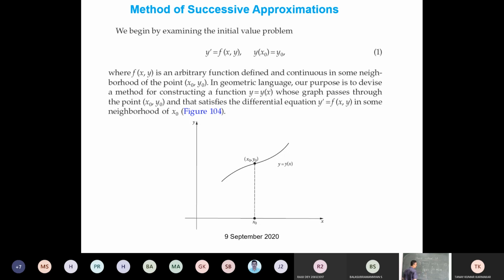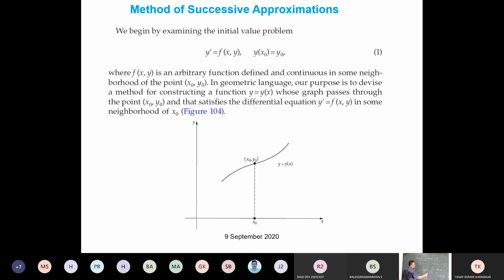Now if you integrate it, this is going to simply give you y(x), right? Okay, or maybe what we can do, let me use a dummy variable for this also, then it will make more sense. Okay, so then this is going to give me y(t) from x naught to x, and this is equal to the integral from x naught to x of f(t, y(t)) dt. Okay, and from here you can see that this is going to give you y(x) minus y(x naught), right?